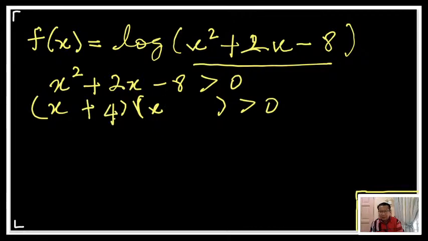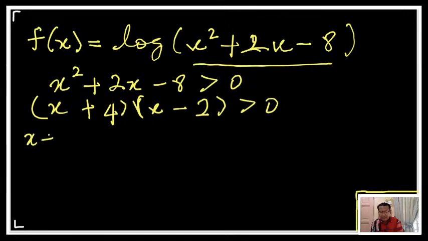It's okay. So x plus 4 greater than 0 and x minus 2 greater than 0, both positive, or x plus 4 less than 0 and x minus 2 less than 0.